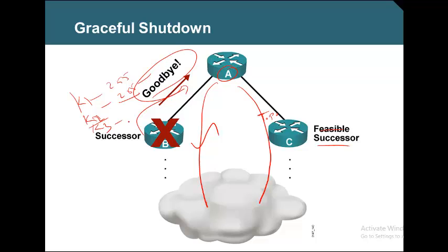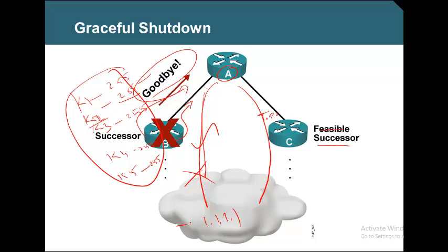So if there is a network 1.2.1.1 via B, and all of a sudden something went wrong, B now shoots a packet with these K values for this destination. A understands that it should not trust B anymore, and it starts using C as a successor.